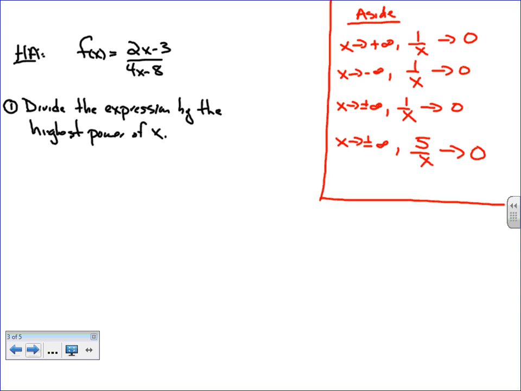The highest power of x is x to the power 1. So I'm going to divide all terms by x to the power 1, or just x. 2x divided by x minus 3 divided by x over 4x divided by x minus 8 divided by x. I can do that because really what I'm doing is I'm multiplying by x divided by x, and x divided by x is 1. So I'm not changing the value of anything, I'm just changing the look.